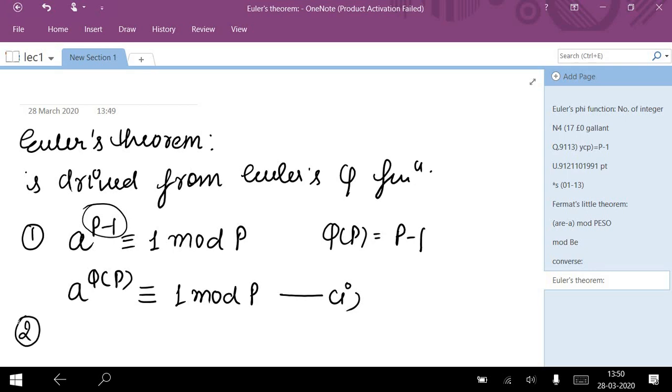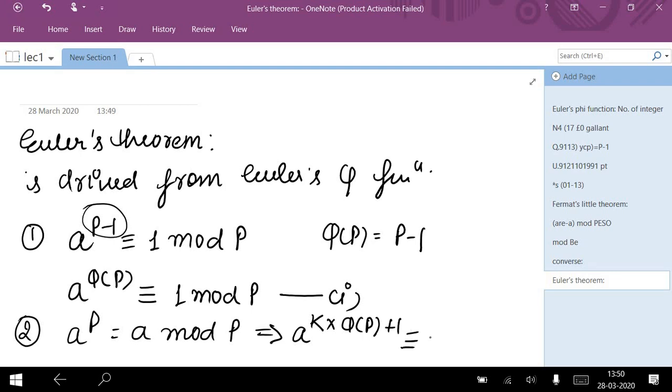Then what is the second? The second one is a to the power p equal to a mod p, and it is simply written as a to the power k into phi p plus 1 should be congruent to a mod p.